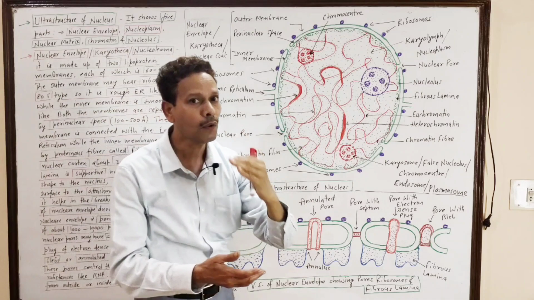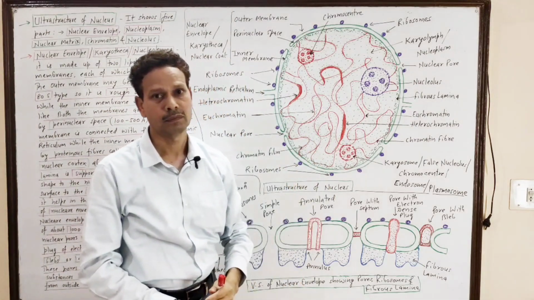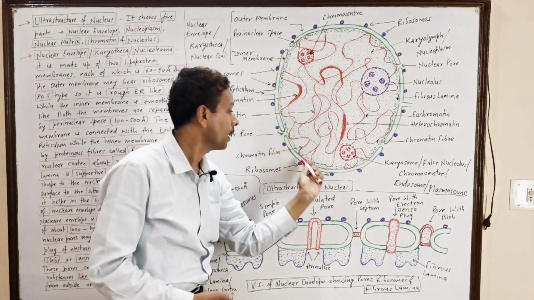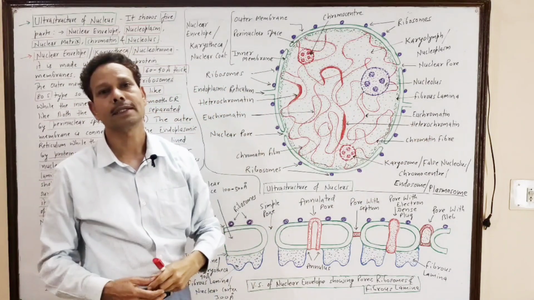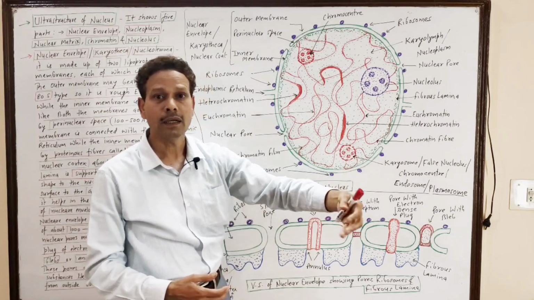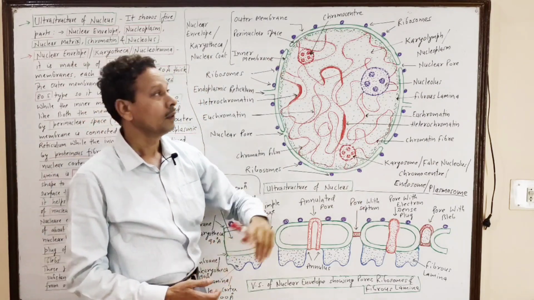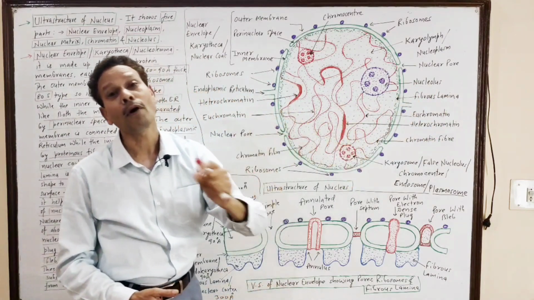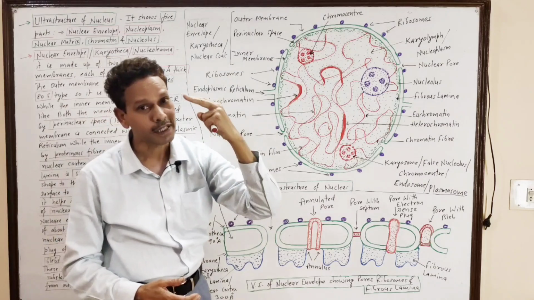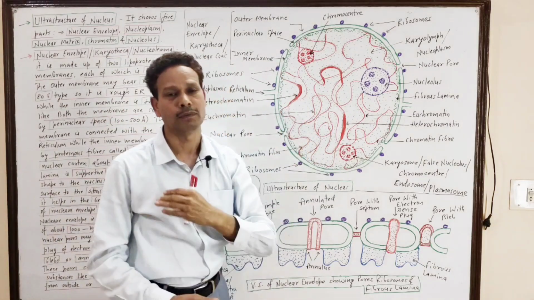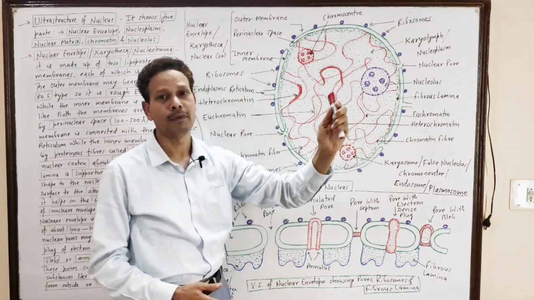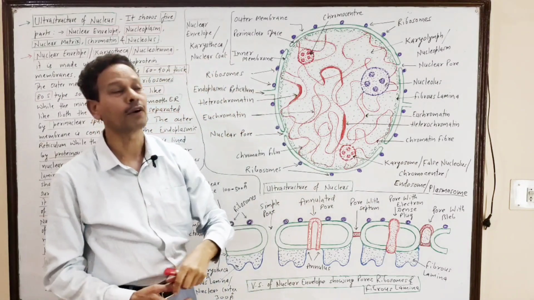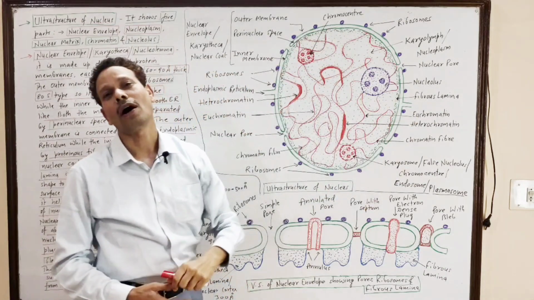Dear students, note down, at the time of cell division, at the time of mitosis and meiosis, this nuclear envelope disappears as well as reappears. In that process, fibrous lamina plays an important role. It is involved in the breakdown of this nuclear envelope, as well as during cell division it is involved in the reformation of this nuclear coat.